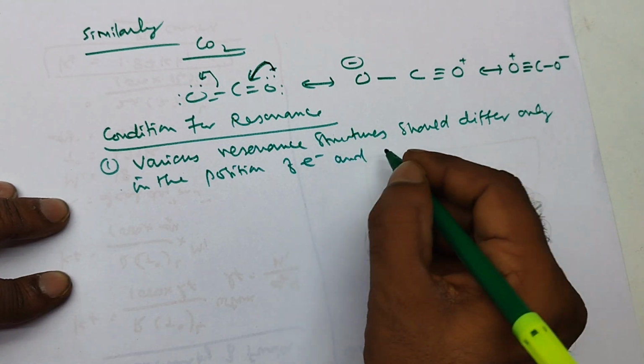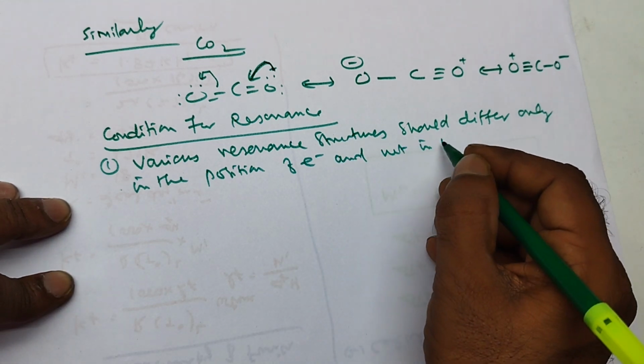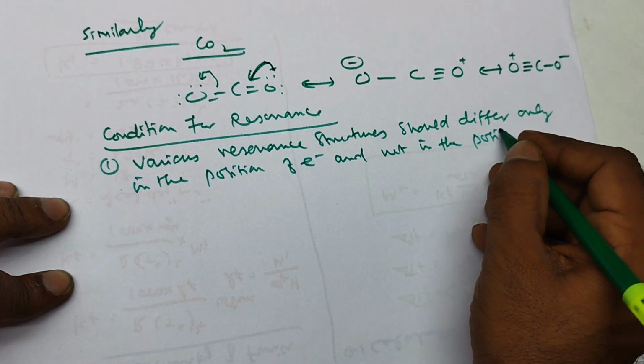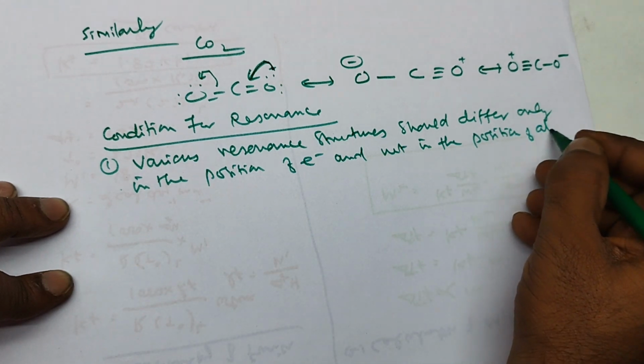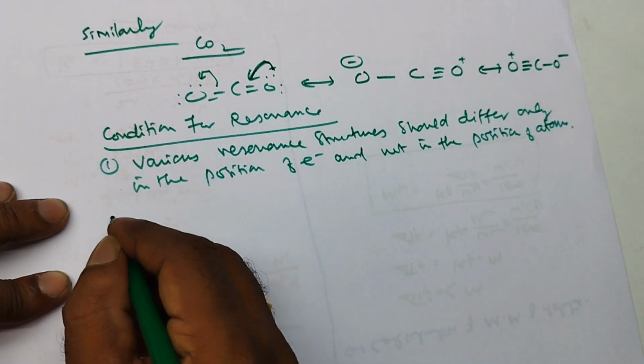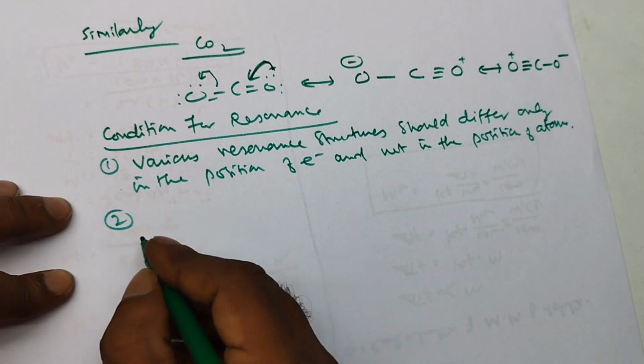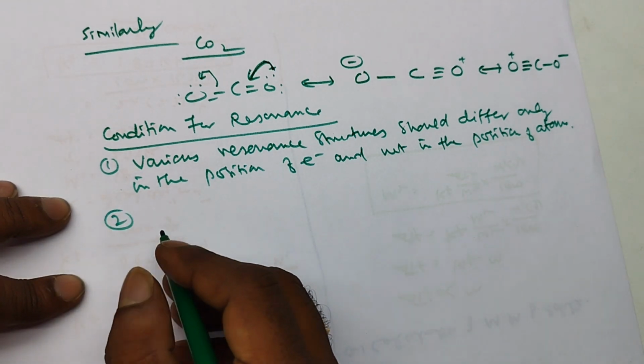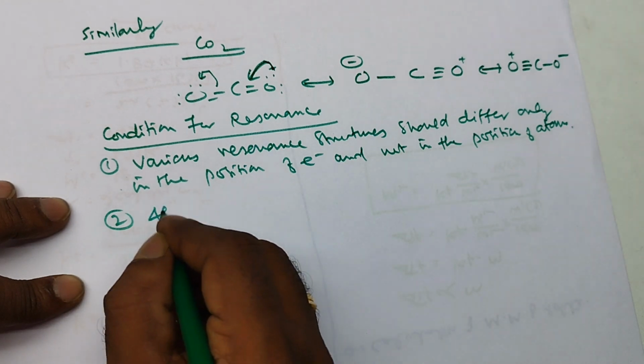That's the first condition. Second condition, all the resonance structures should have the same number of unpaired electrons.